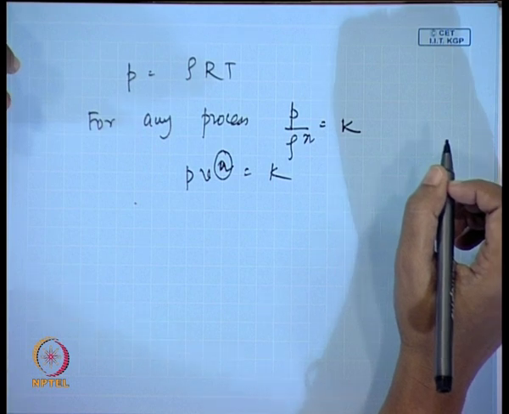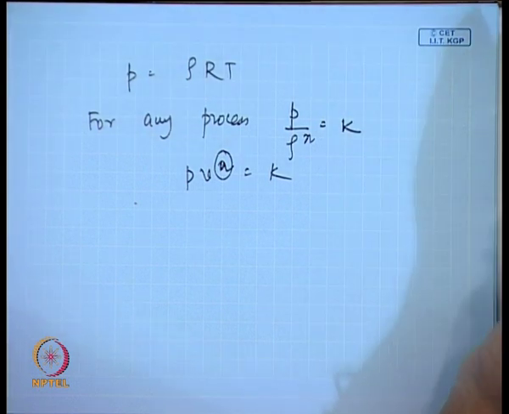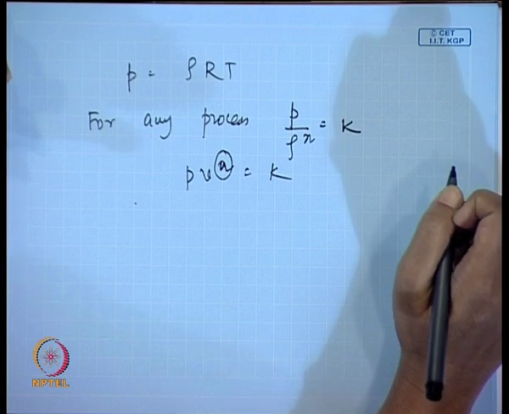All of us know it. n equals 1 for isothermal process, n equals gamma for adiabatic processes, and so on and so forth.